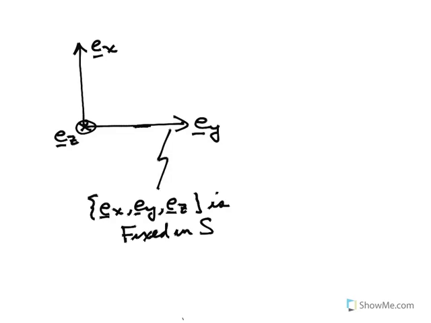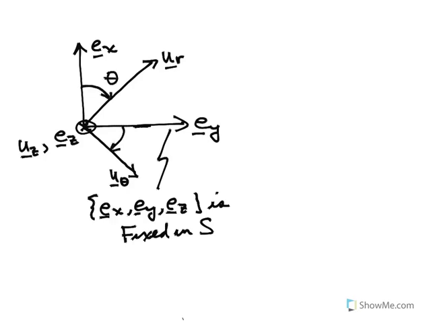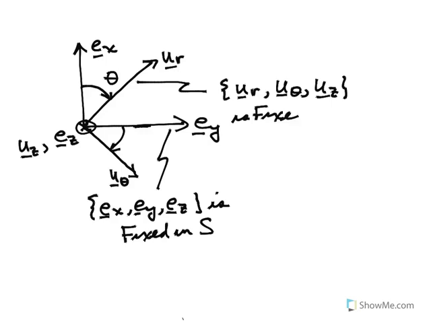The next coordinate system is this coordinate system that is fixed to the disk. So I've got the direction U sub R, I've got this direction U sub theta, and then notice UR crossed with U theta is equal to UZ, which is also equal to EZ, and there's an angle theta that's defined here, and the basis UR, U theta, UZ is fixed in the disk.